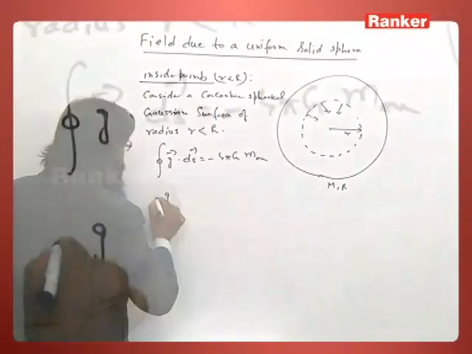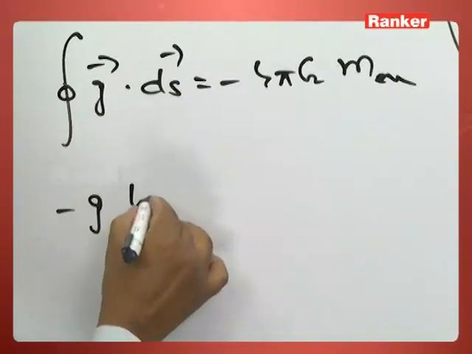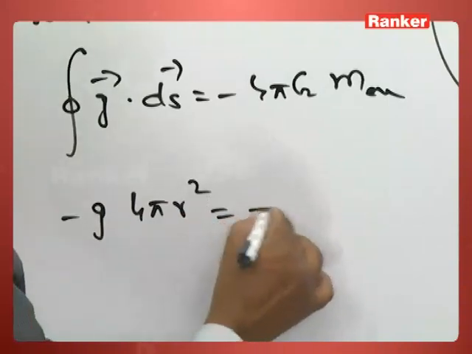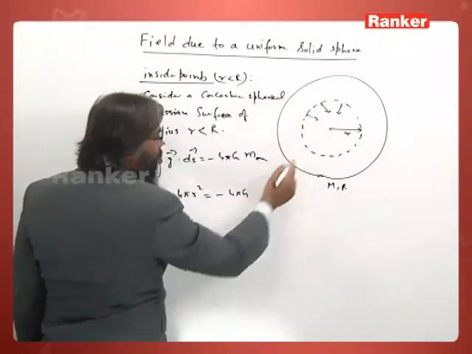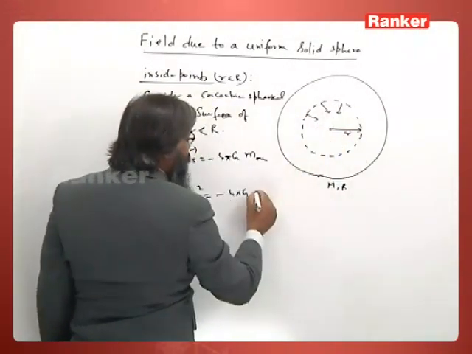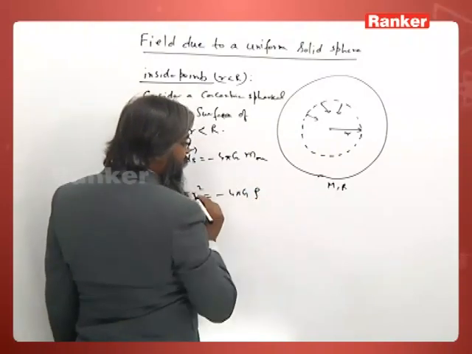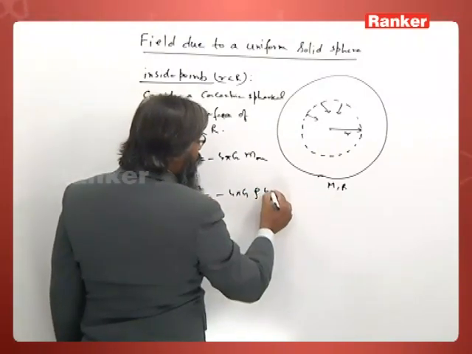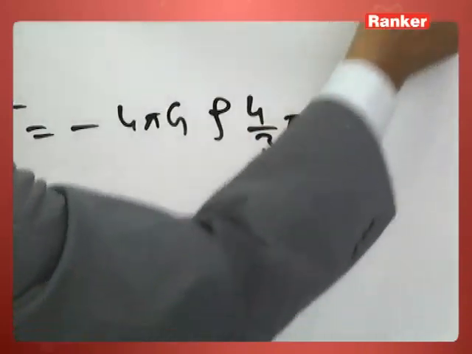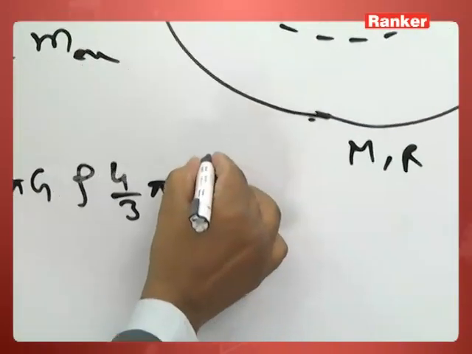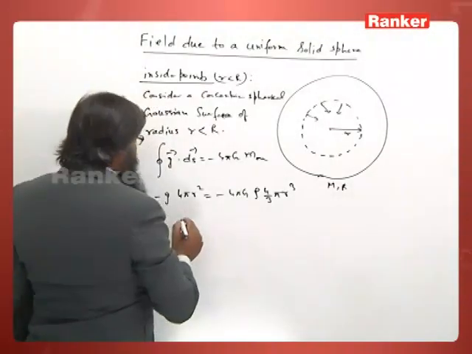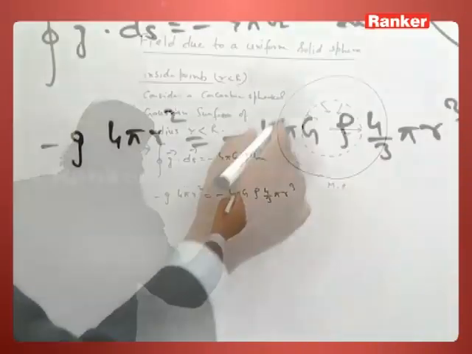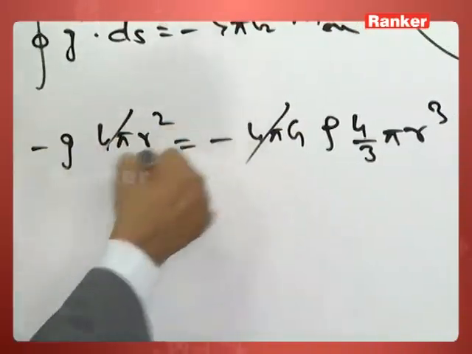So, G times 4 pi r square equals minus 4 pi G times the mass enclosed. Now, what is the mass enclosed here? Suppose the mass density is rho, then it is rho times 4 by 3 pi small r cube. So, the 4 pi cancels and this minus gets cancelled.